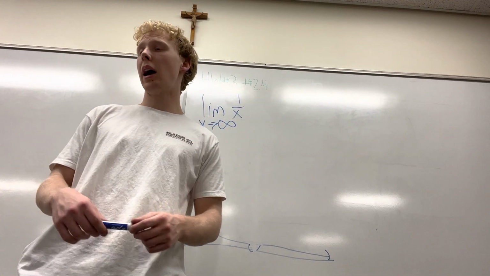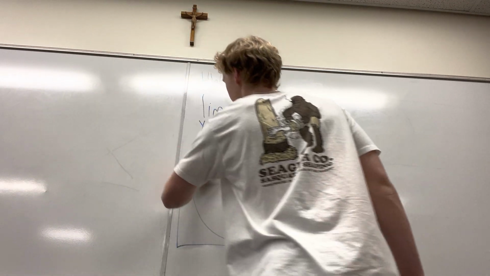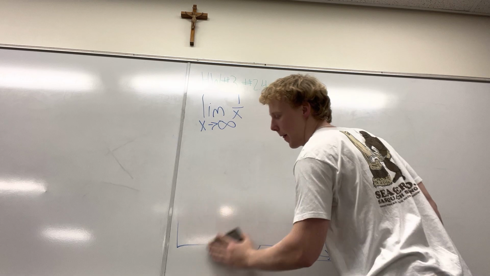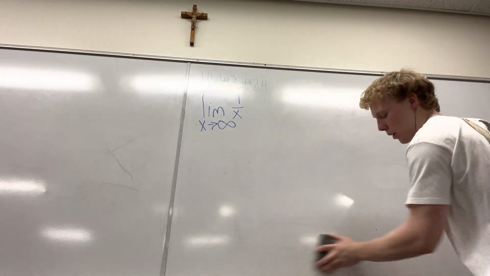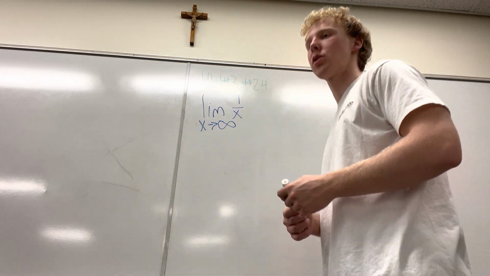Now, at a point though, are we looking for the long-term behavior? No. We're looking for the behavior of the function around that point, or the limit at that certain point of the function.